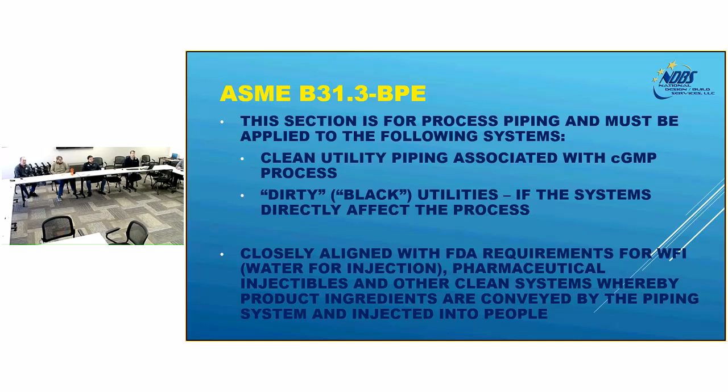So for certain types of work, like food and beverage, pharmaceutical, the FDA drives a lot of this. So owners have to comply with FDA requirements. The FDA is changing their position a little bit.